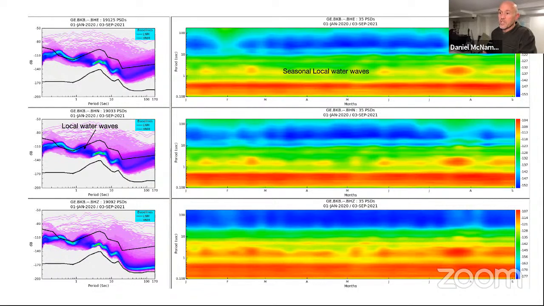It's fairly short period, so it would attenuate away fairly quickly. Probably if you were 50 to 100 kilometers from the coast, you wouldn't see that at all. In fact, I think in many of the other stations that we've looked at, we haven't seen that particular high noise level at 1 to 2 seconds period, like you see here, where I've labeled it local water waves.